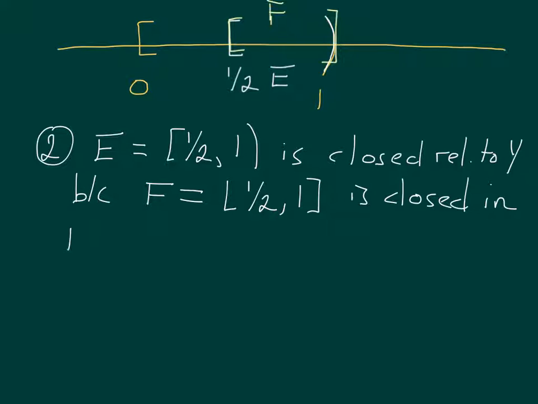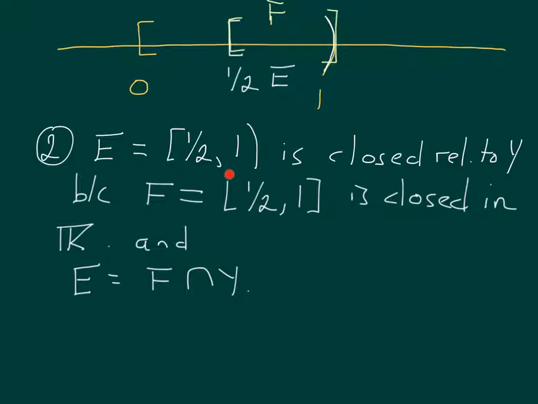Is closed in R. And if we intersect this F with our Y, we're just going to get E back. Okay, so this set E is actually closed relative to Y.